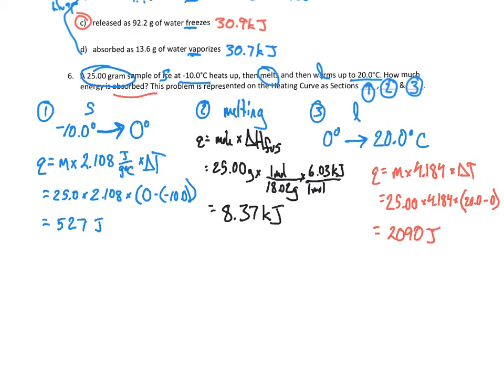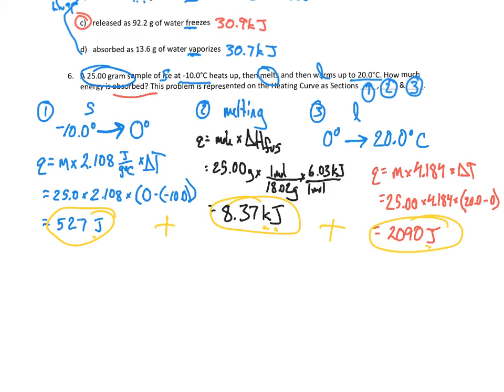Okay, so the question wants to know how much energy is being absorbed. Well, I've got 3 different numbers, right? To know how much total is absorbed, I have to add them together. But I need to do something first, because you should notice that only the melting energy here is in kilojoules, whereas both of these other values are in joules. They have to all be in the same unit. So we typically put everything in kilojoules.